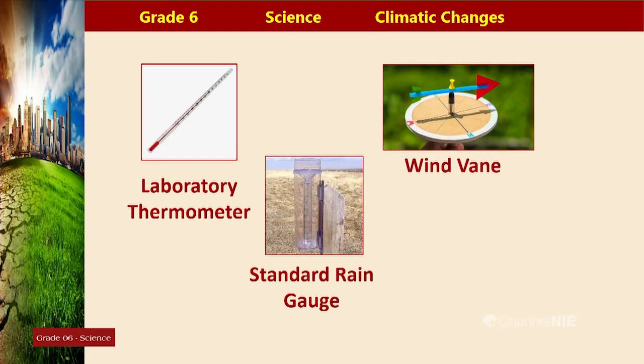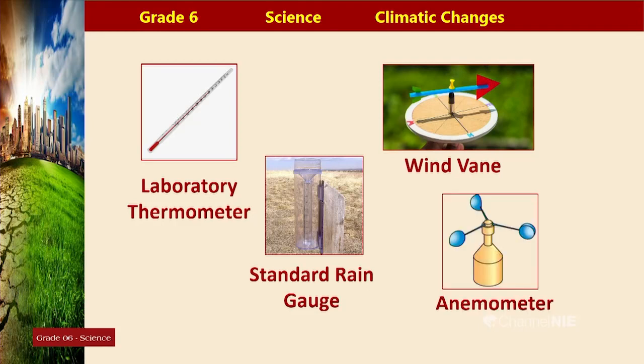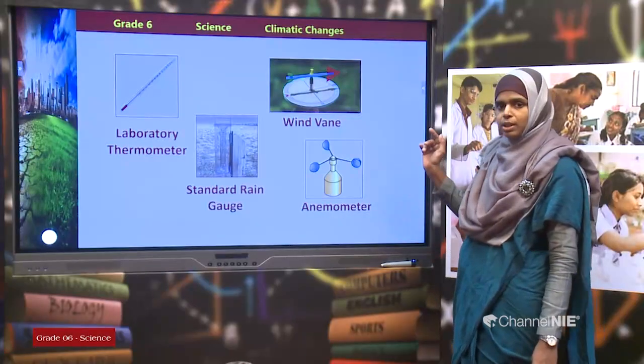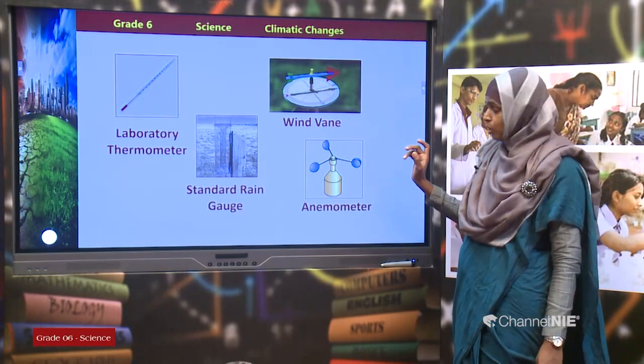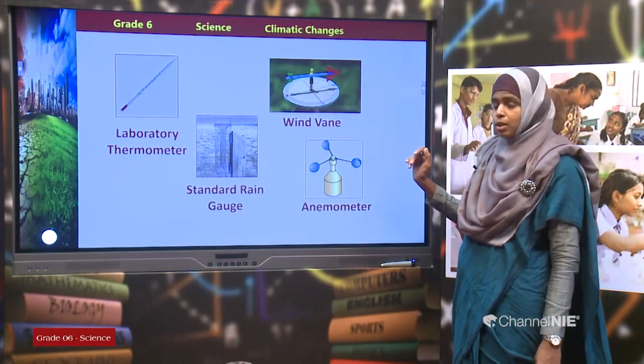We have also looked at the wind vane to determine the direction of wind, from which direction the wind would blow. And we have also looked at the anemometer in order to determine the speed of the wind. The anemometer gives the measurements in number of rotations or number of turns per minute.